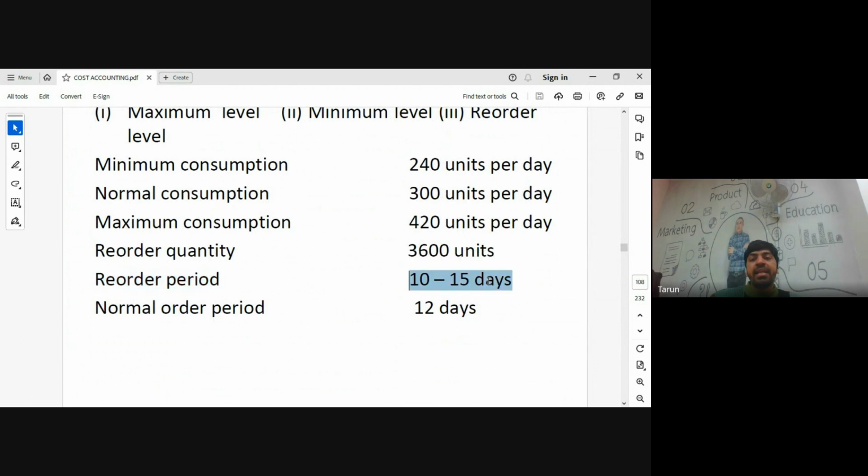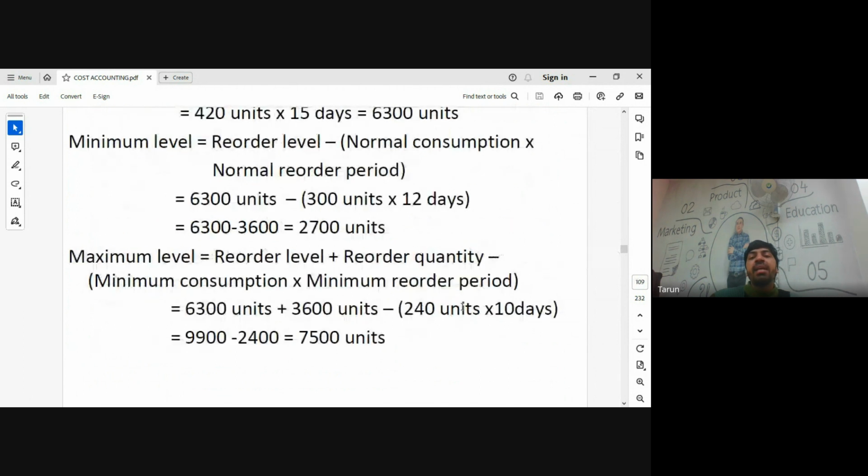So we apply the same thing, 10 days into it. 6,300 plus 3,600, you will get 9,900. Subtract 240 into 10, 2,400. You will get the maximum level, that is 7,500 units. So minimum level is 2,700 units, maximum level is 7,500 units.